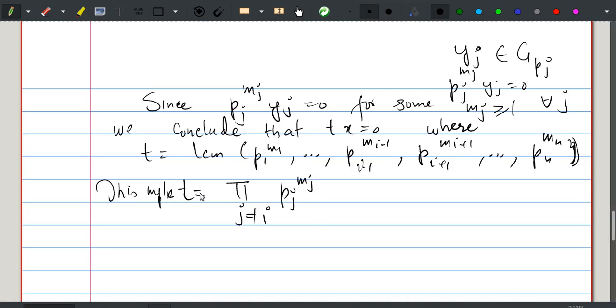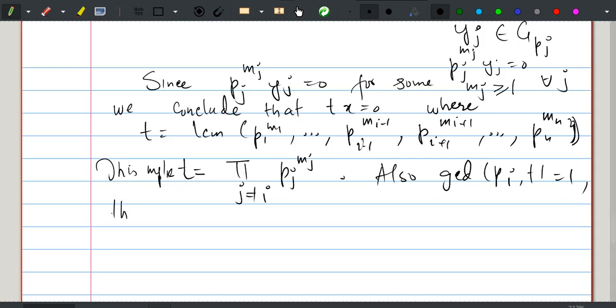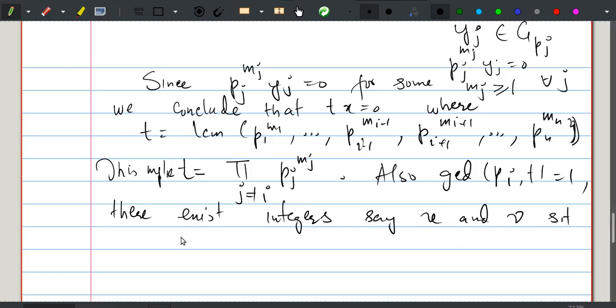Now this t and this pi are also relatively prime. The GCD of this pi and t is 1, so there exist integers, say u and v, such that u times pi plus v times t is 1.